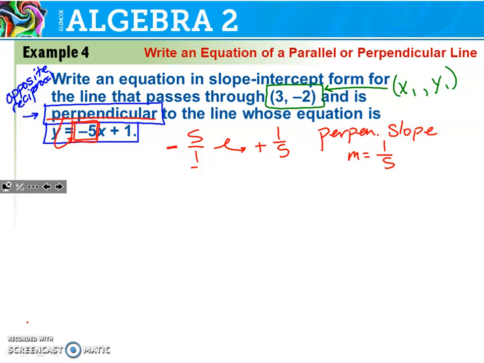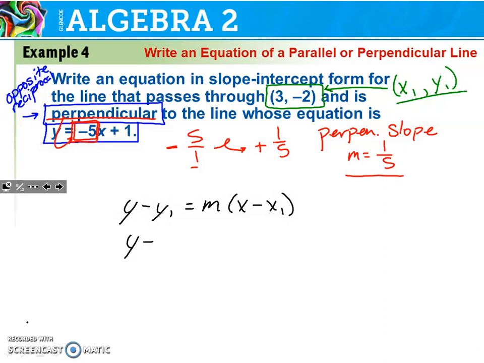So I've got my point and I've got my slope. Now to find the equation of that line, I'm going to go y minus y1 equals m times x minus x1, and I'm just going to plug in like I was doing before.